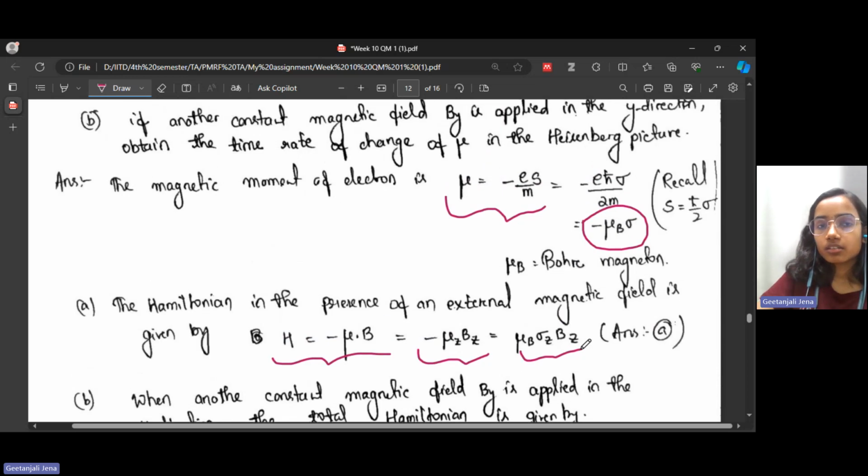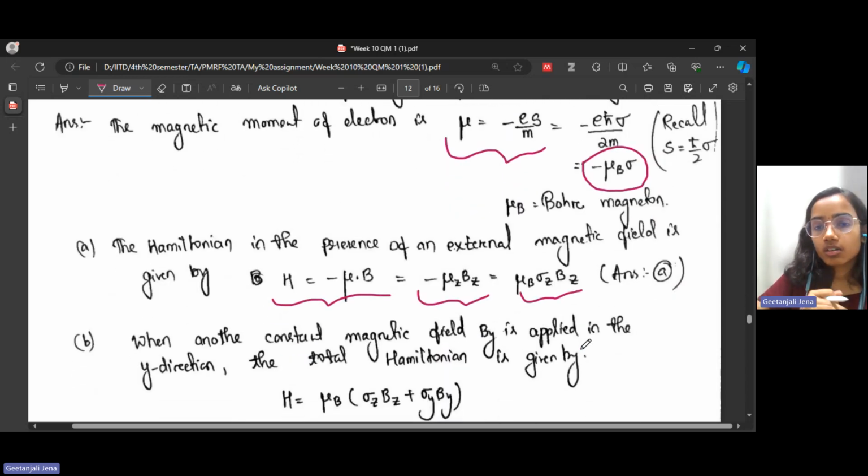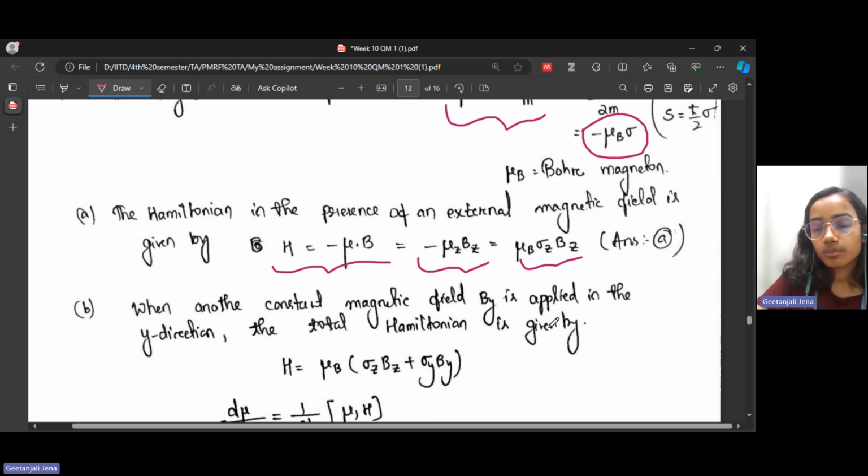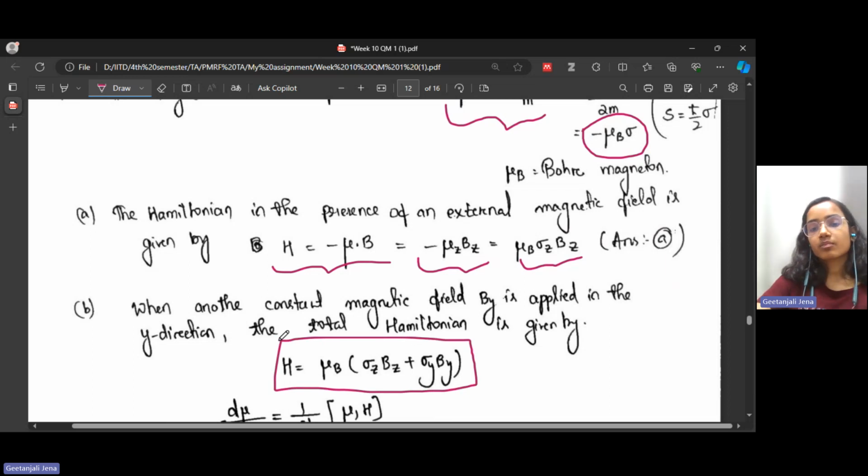Now let us see the second part. There is another magnetic field By in the y direction, and they are asking about the time rate of change of this magnetic moment in the Heisenberg picture. Let us see the Hamiltonian for this system. If you have a magnetic field in the z direction as well as the y direction, you can write the Hamiltonian as mu B times sigma z Bz plus sigma y By.